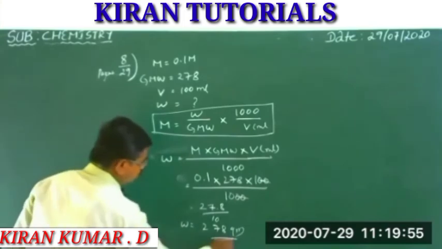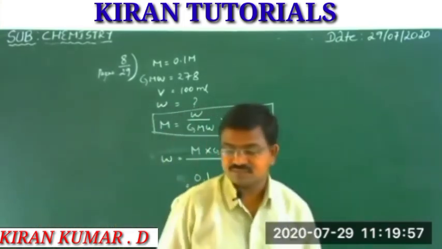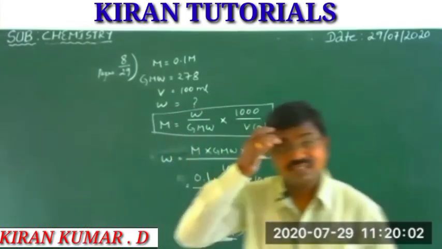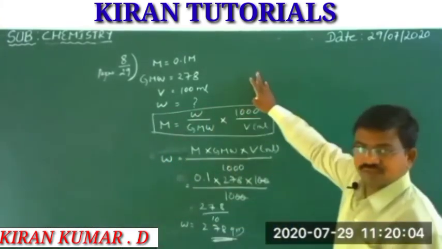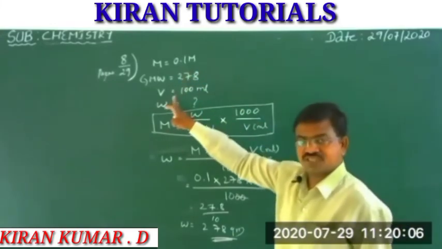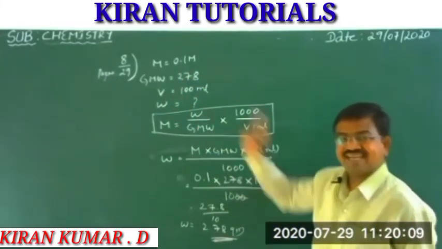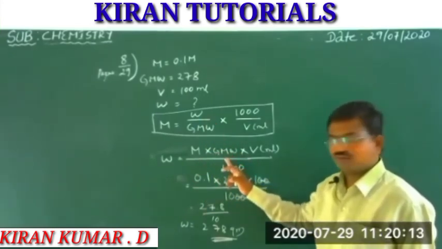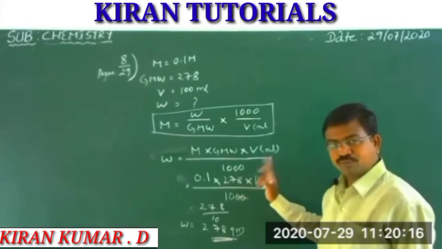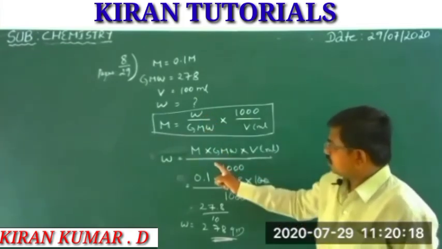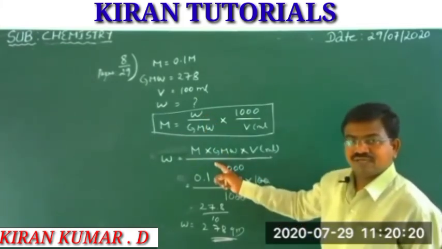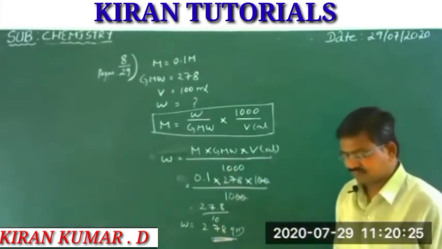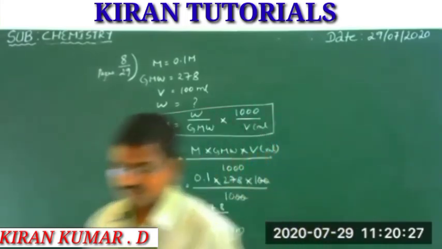W is equal to 2.78 grams. Clear? Understood? So these are the data present in the question. We are calculating weight of the solute. So weight equal to molarity into gram molecular weight into volume by 1000. From this, we are finding the weight of the solute. So substitute those values and get 2.78 grams. Clear?